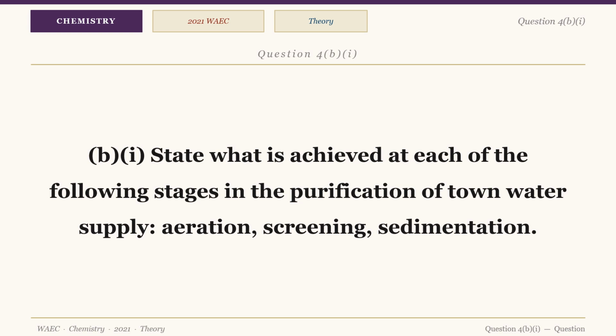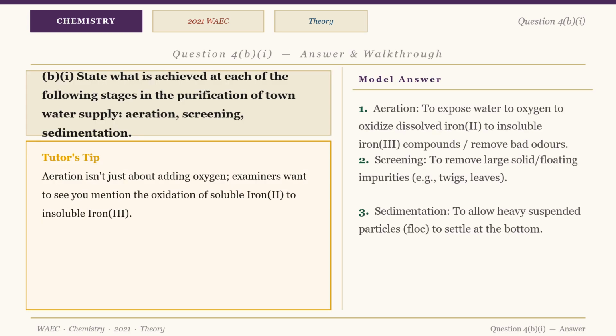BI, state what is achieved at each of the following stages in the purification of town water. So this is water treatment: aeration, screening, sedimentation. So let's look at that. Now, aeration involves exposing water to oxygen to oxidise soluble iron 2 to insoluble iron 3 compounds or remove bad odors.